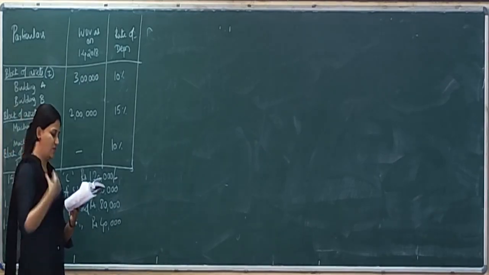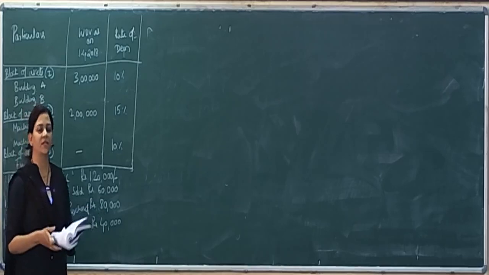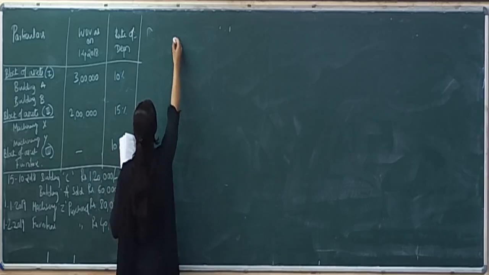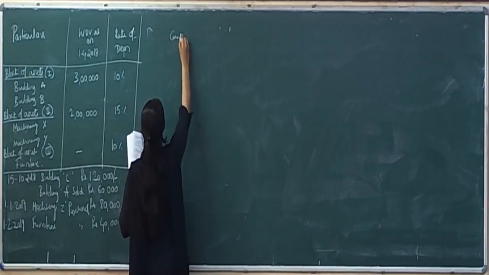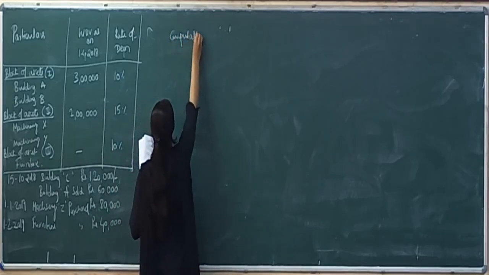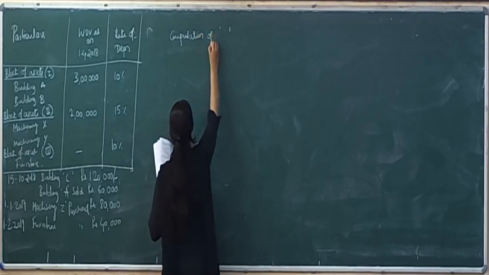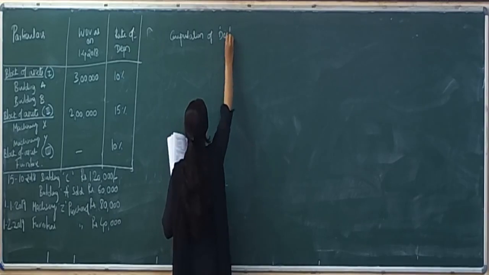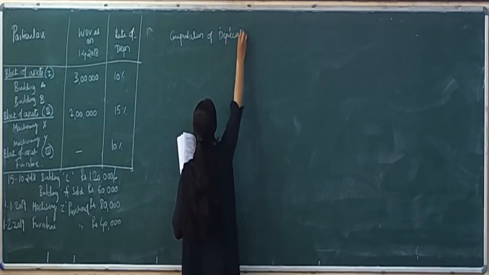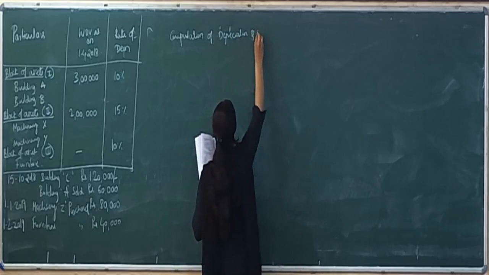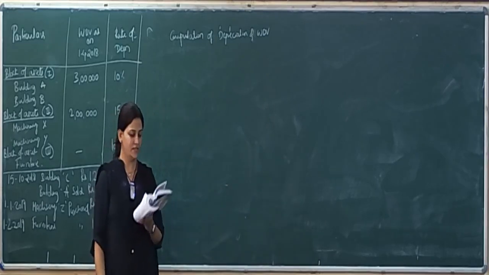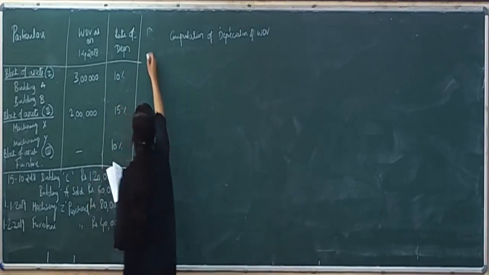Okay, so these are the details. Now we can compute the depreciation and written down value. Computation of depreciation and written down value.